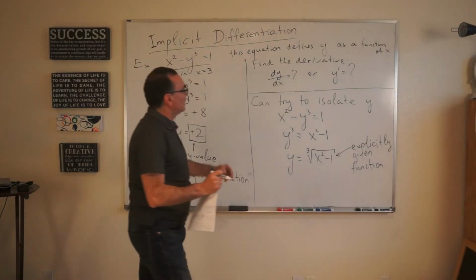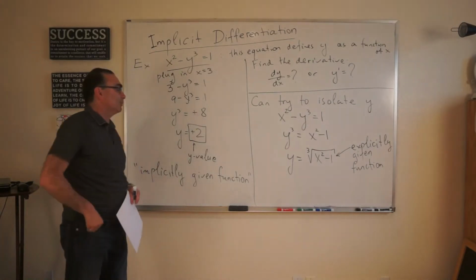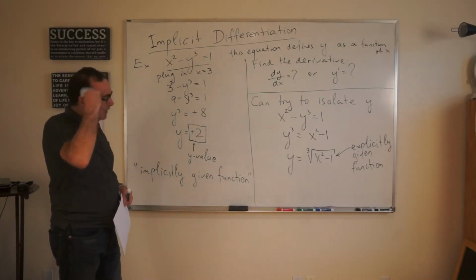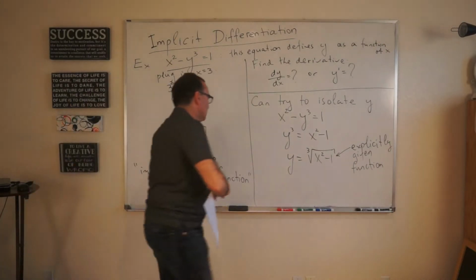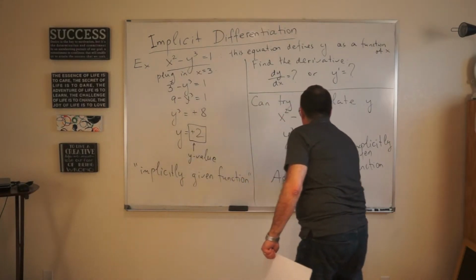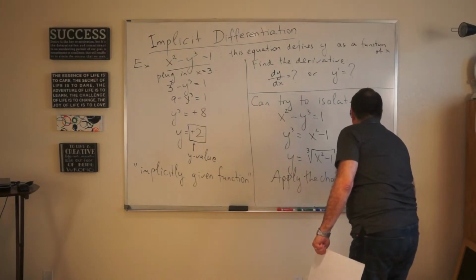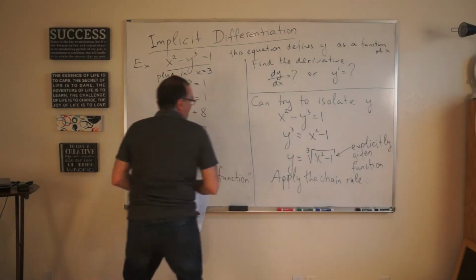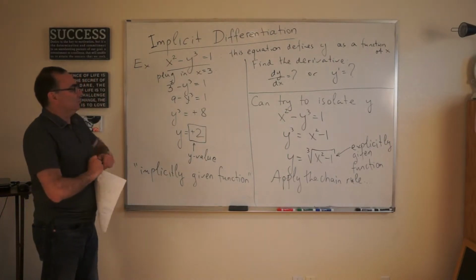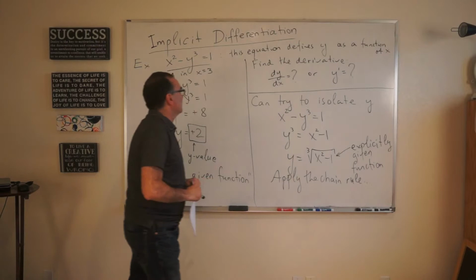And now if we need the derivative, then of course we can apply any rules that we have studied about explicitly given functions. In this case we have to apply the chain rule. But unfortunately this method of trying to isolate y often is not working.